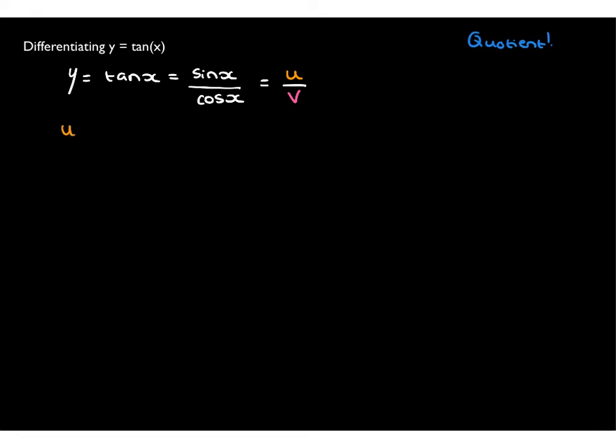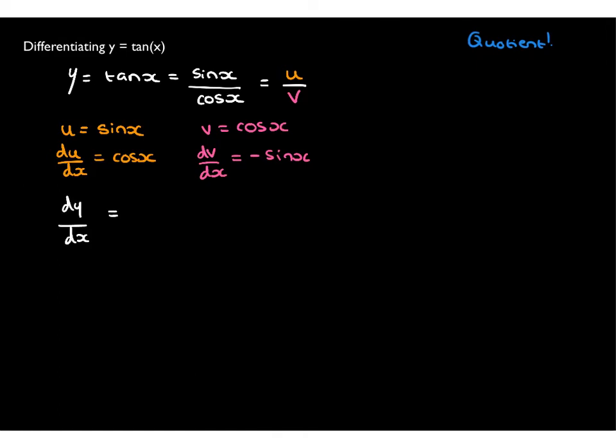So we can use the quotient rule. Let's set everything up, and we now know how to differentiate sin x, it gives us cos x. We know how to differentiate cos x, it gives us negative sin x.